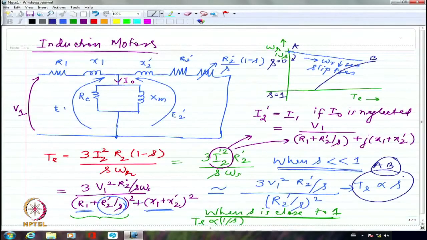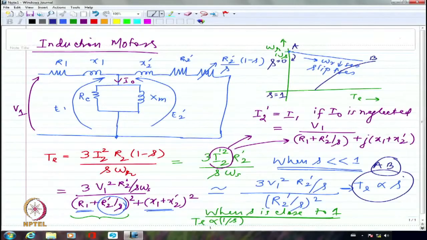So, I have two portions of the slip torque characteristics clearly, one where the torque is proportional to slip, the other where the torque is proportional to 1 by S. Now, S is 0, TE is 0. Yes, this is TE.